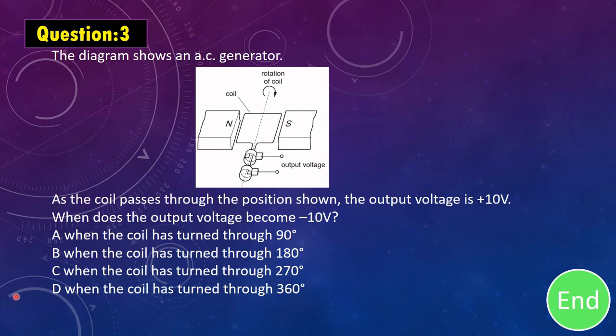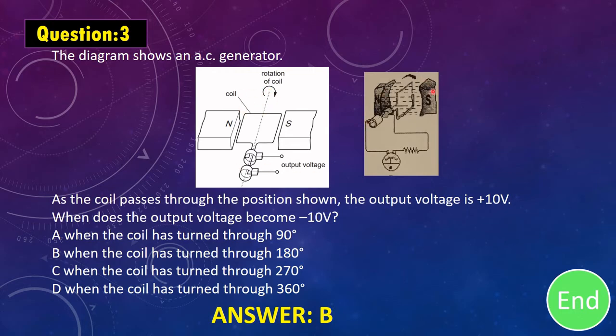The correct answer is B, because in the question they have given that at this position the output voltage is plus 10 volt, that is 0 degree angle. When the coil keeps rotating in this direction, it reaches 90 degree at this position, and the voltage will be 0 because the coil is perpendicular to the magnetic field lines.